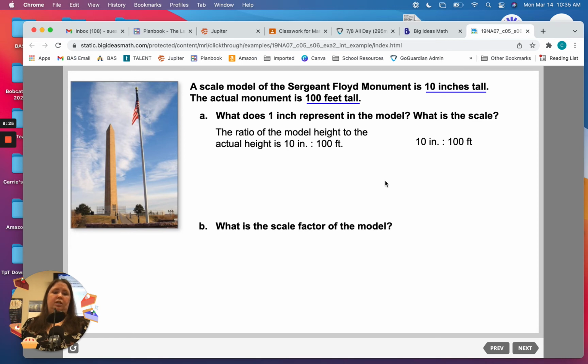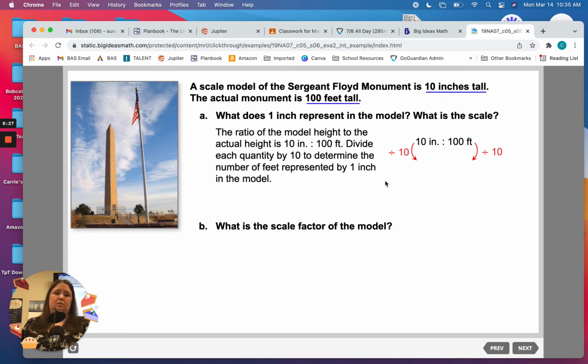If I change the measurements, 1 inch represents 10 feet. So all we did was simplify this. I compared 10 inches to 100 feet and divided both by 10 to realize that 1 inch represents 10 feet. Comprende?